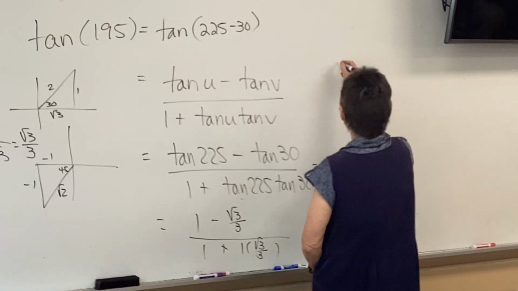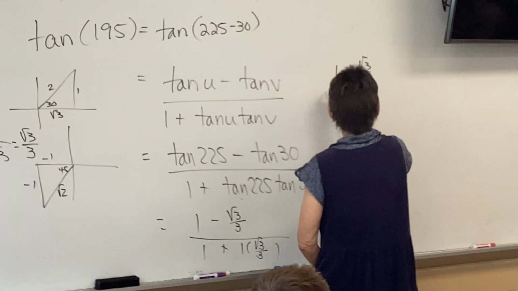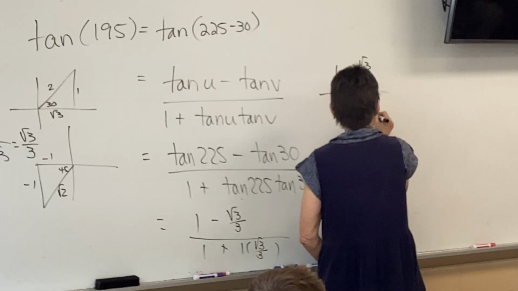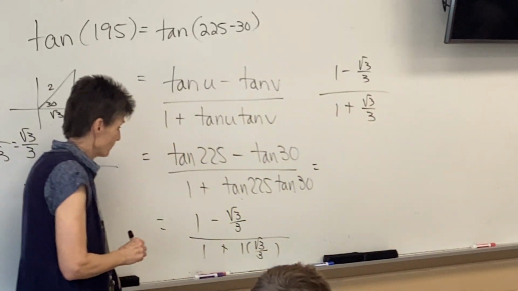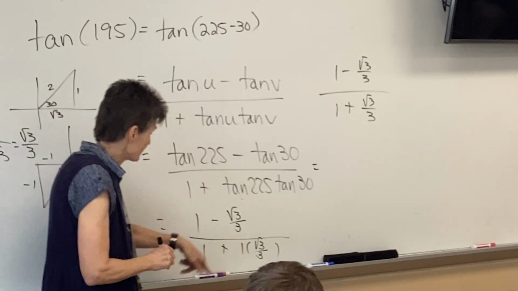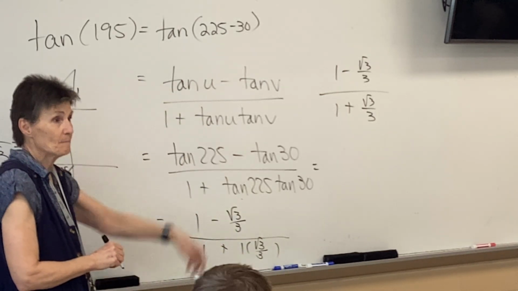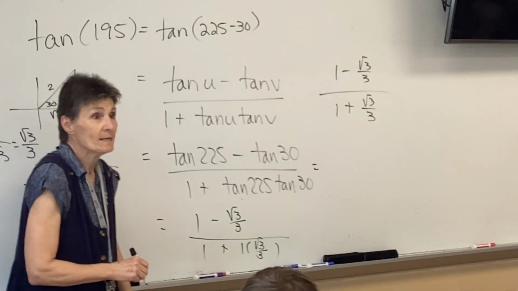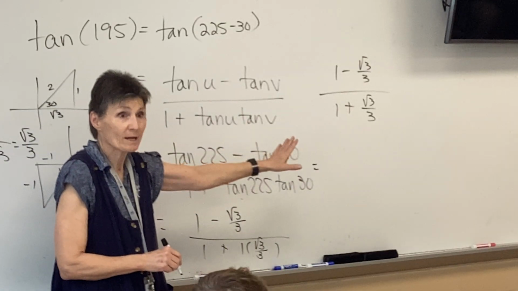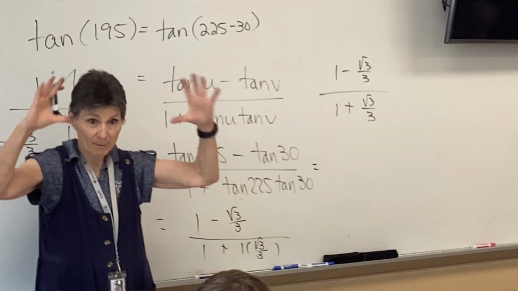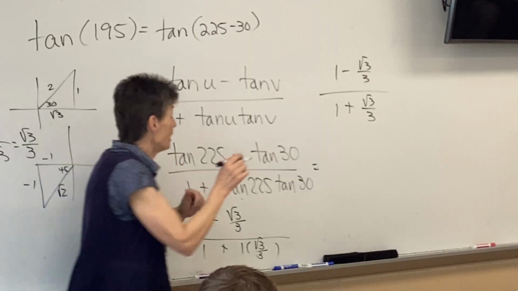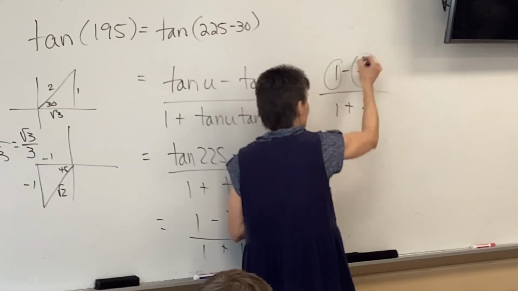So I'm going to have 1 minus root 3 over 3, over 1 plus root 3 over 3. Yeah, that's just multiply. So, everybody good with that? Now, friends, we talked about that a little bit ago. That's called a complex fraction. It's a big fraction that consists of little fraction pieces.